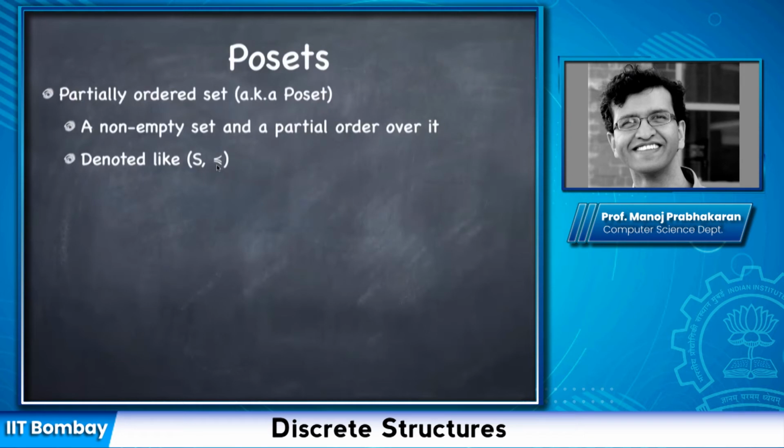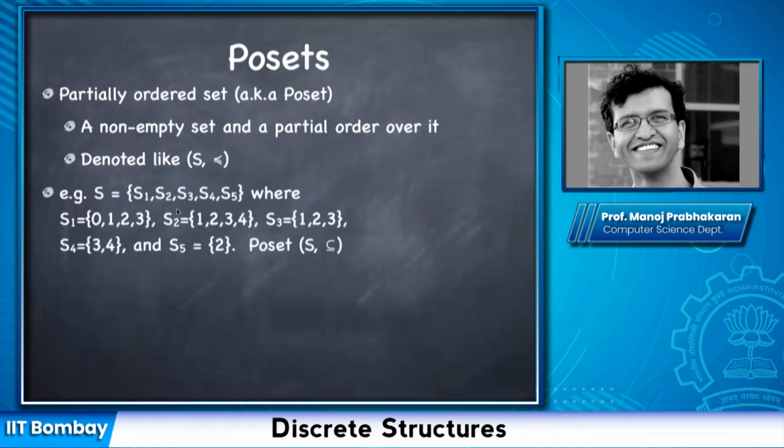The equal to part here is to emphasize that it's a reflexive relation. If I were writing a symbol for a strict partial order, I would choose a symbol that looks more like strictly less than rather than less than or equal to. Okay. So as an example, here is a poset S and the subset relation. So S itself is a set of a bunch of sets, right?